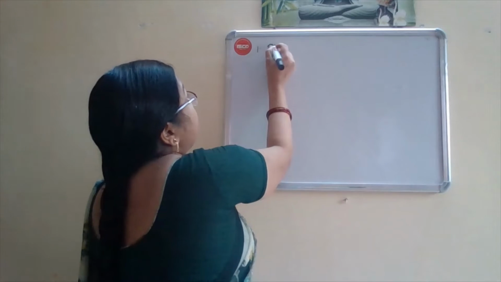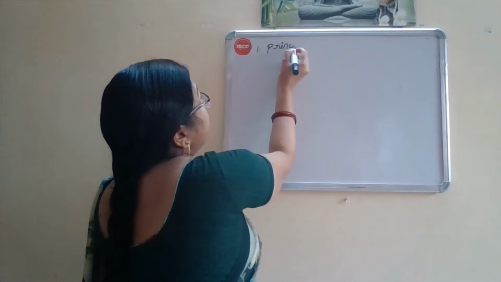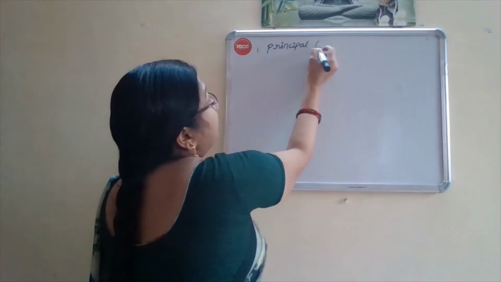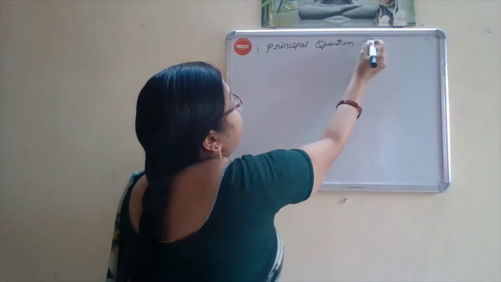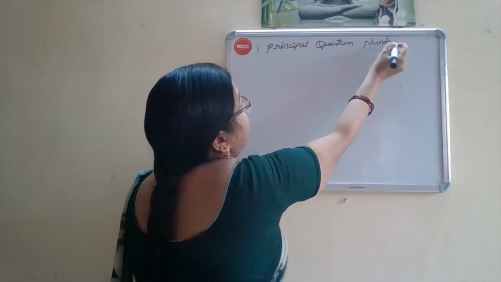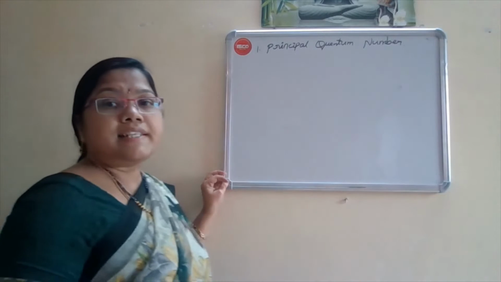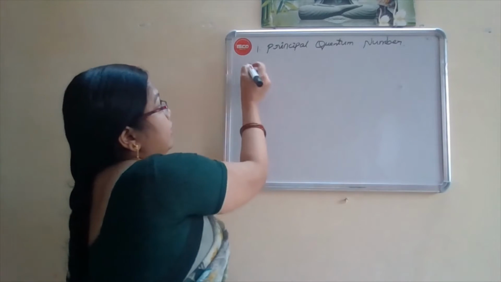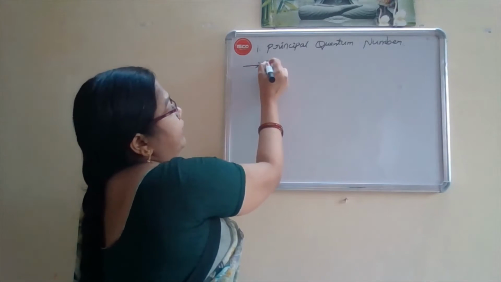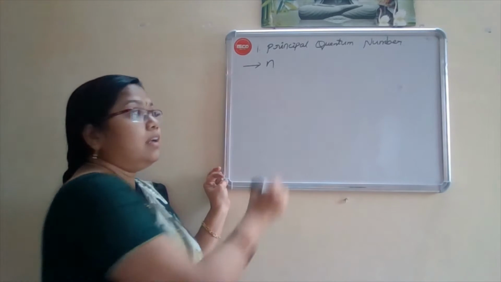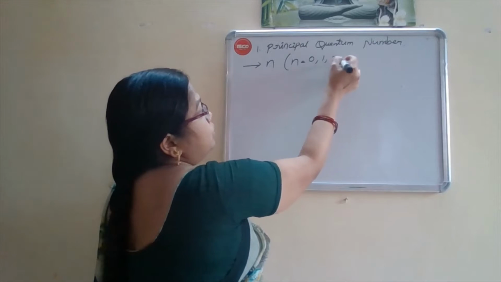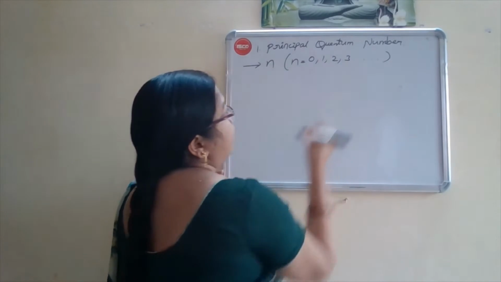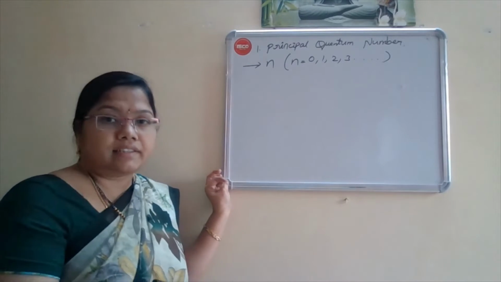First one, principal quantum number. It is denoted by letter n. Principal quantum number is denoted by letter n. n is equal to 1, 2, 3 and so on, where n is an integer.